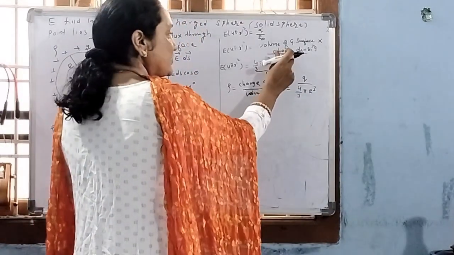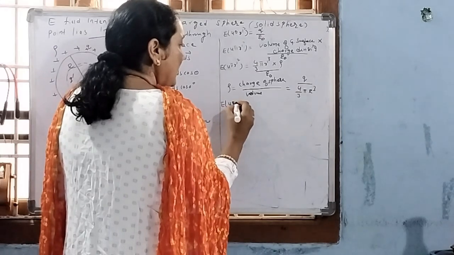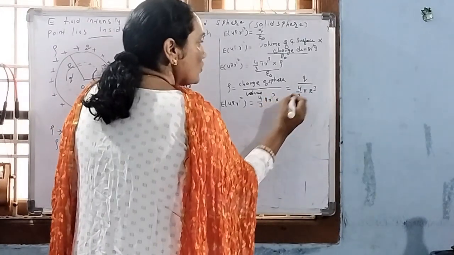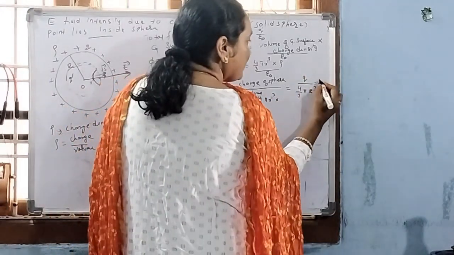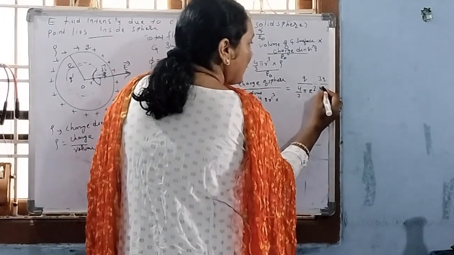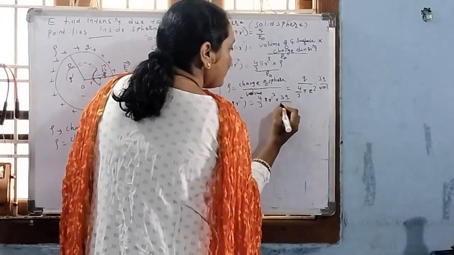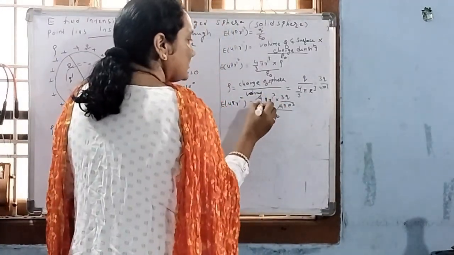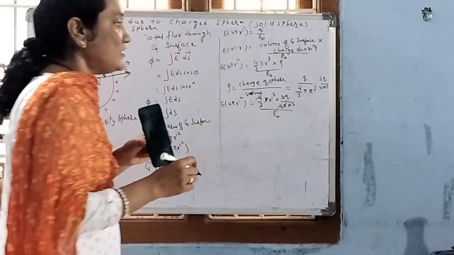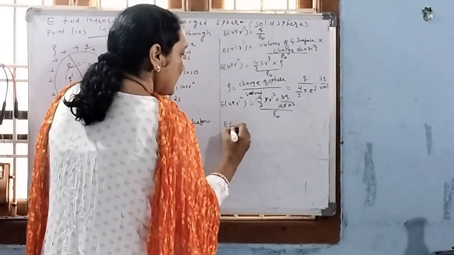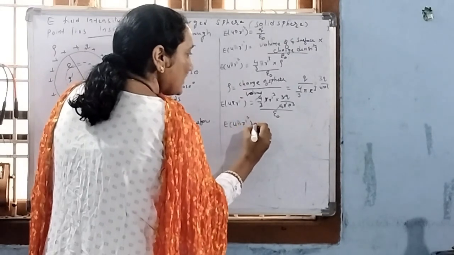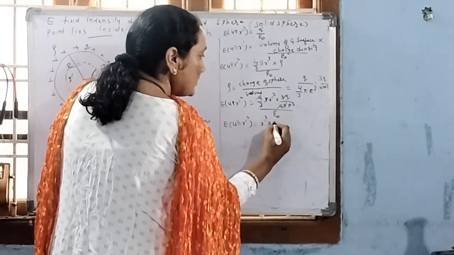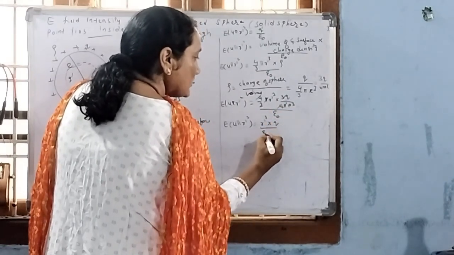Now let us substitute here. E 4 pi r dash square equal to 4 by 3 pi r dash cube into what is rho? This 3 if it comes up, 3q by 4 pi r cube, by epsilon naught. 4, 4, 3, 3, pi strikes off. Now what is remaining? E 4 pi r dash square equal to r dash cube into q, epsilon naught and r cube.